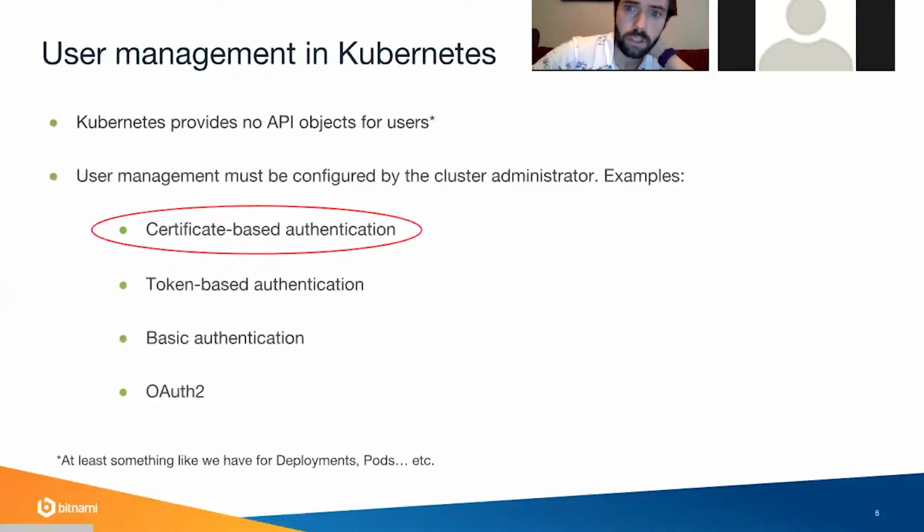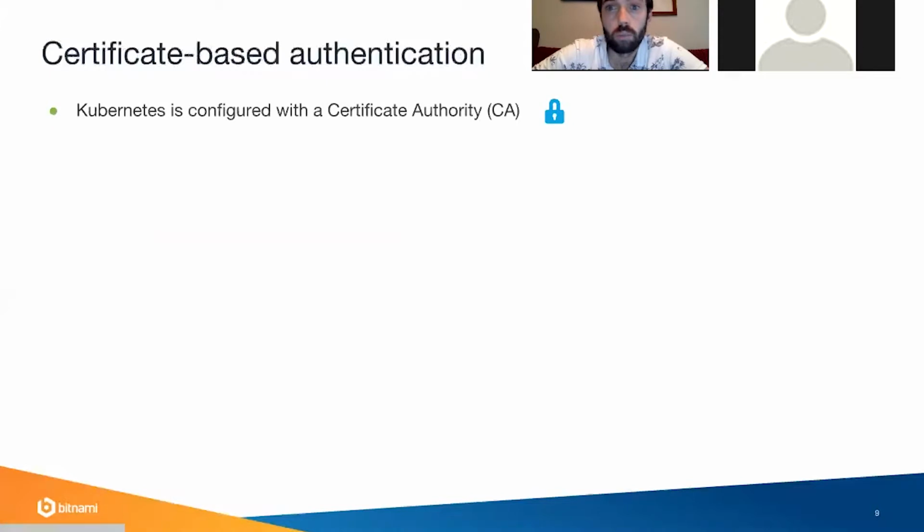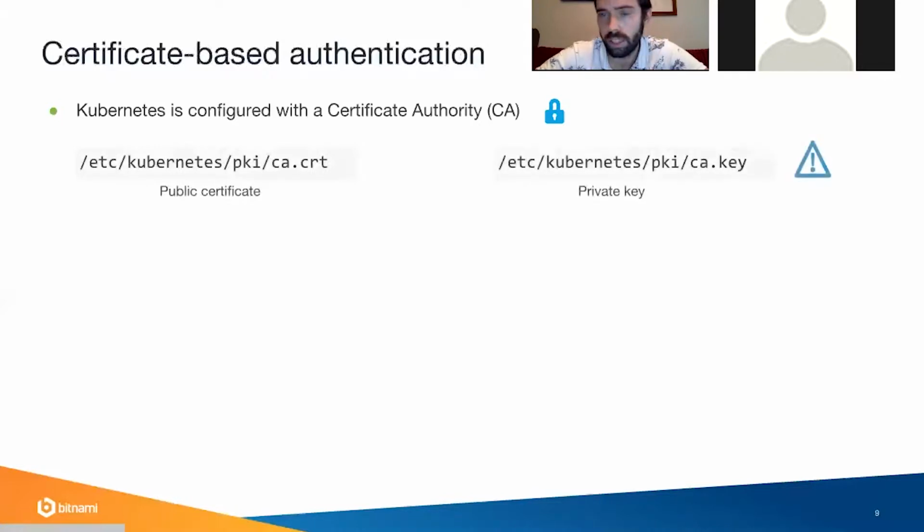Actually, in Bitnami, we currently use it for authentication in our clusters in production. So really simple. Many of you may find this concept familiar. When we create our cluster, whether we use Minikube, create our own, or use kubeadm, GKE, etc., what we have is a certificate authority comprised of a public certificate and a private key.